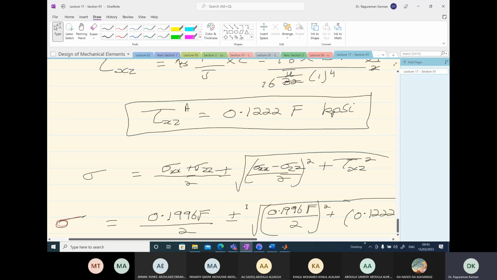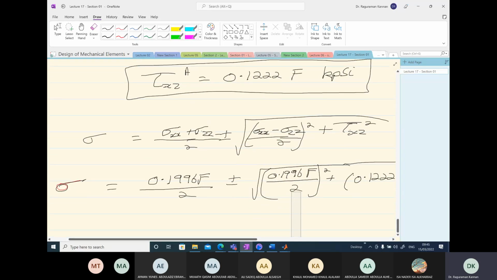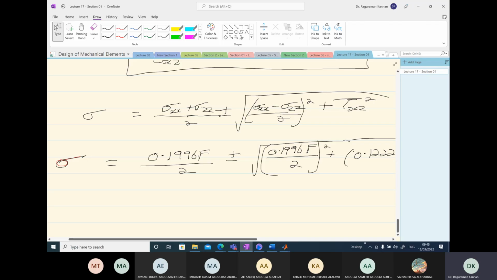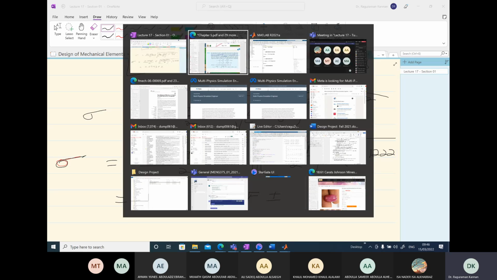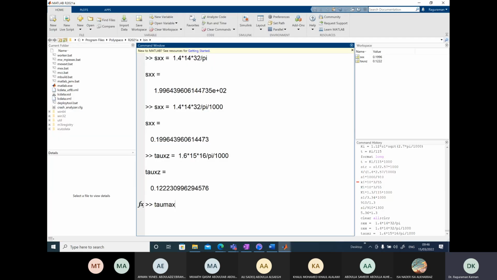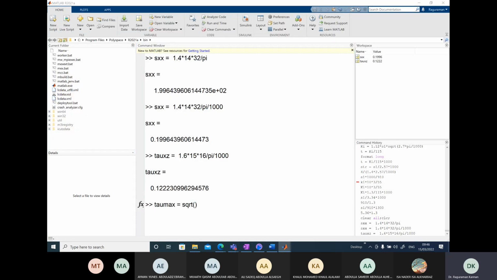So we can simplify this. If I divide by 2, I get 0.0998 F plus or minus, and here we have something. Calculate the value in the square root.